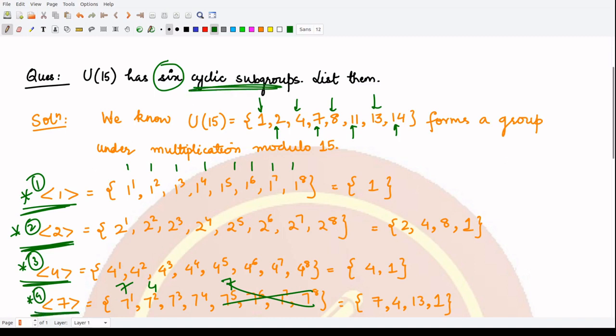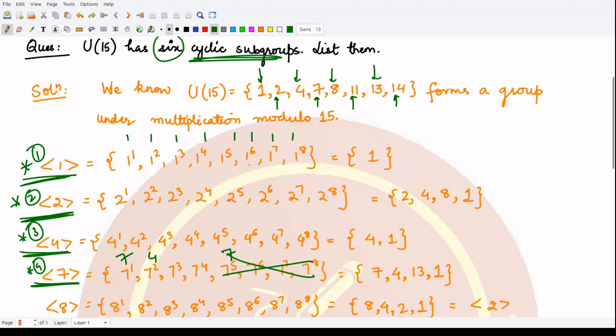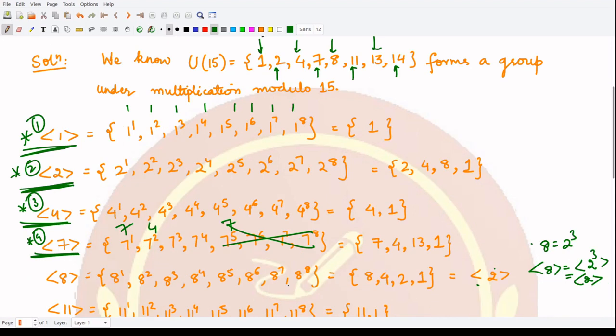Next, let's have a look at the subgroup which is generated by 8. So the subgroup which is generated by 8 is what? It is the same as that generated by 2. Why? Because you can write 8 as 2 cubed. So the subgroup which is generated by 8 is basically the subgroup which is generated by 2 raised to power 3. So obviously it would be equal to the subgroup which is generated by 2, correct? You can also verify this if you take 8 raised to power 1, 8 raised to power 2, 8 raised to power 3 and so on.